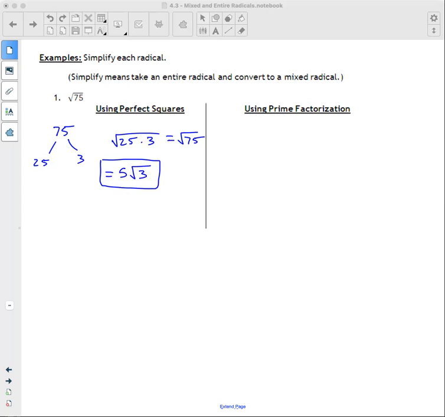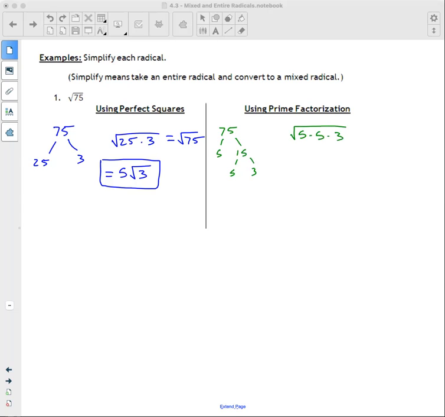Okay, prime factorization. We're just going to break 75 down into our factor trees. This one's going to look very similar. 5 is a factor of 75, so 5 and 15, 5 and 3. So we can rewrite root 75 as 5 times 5 times 3.